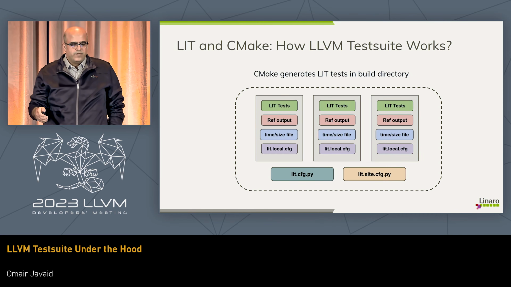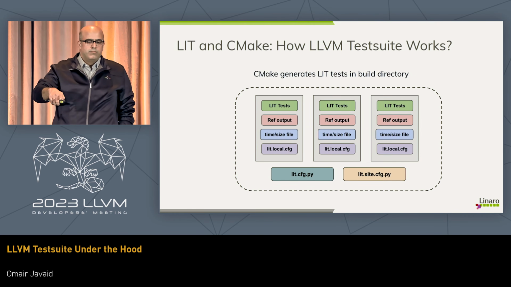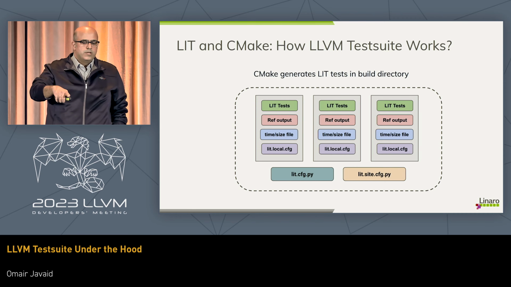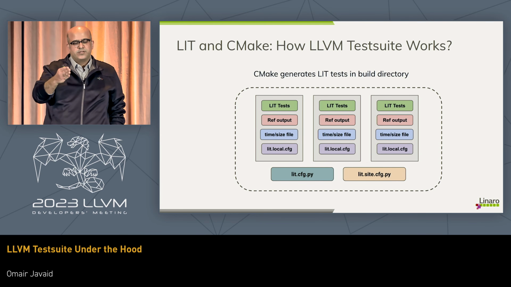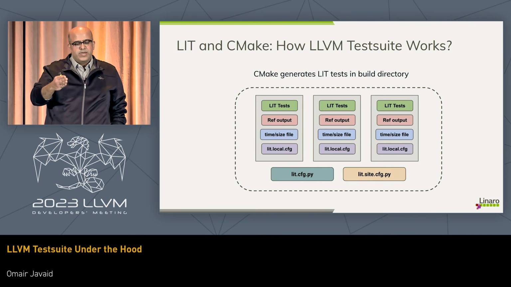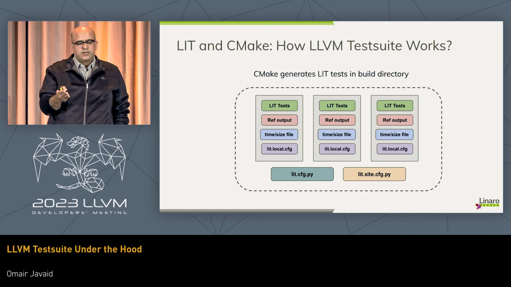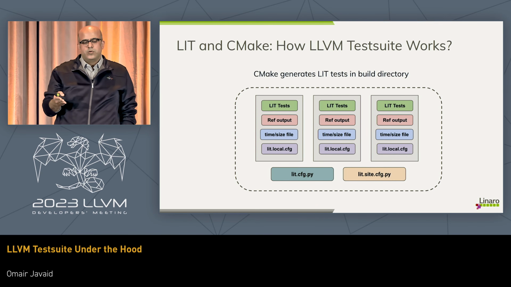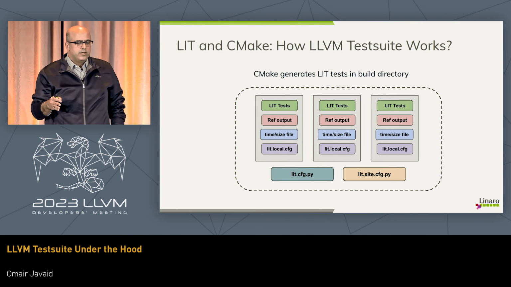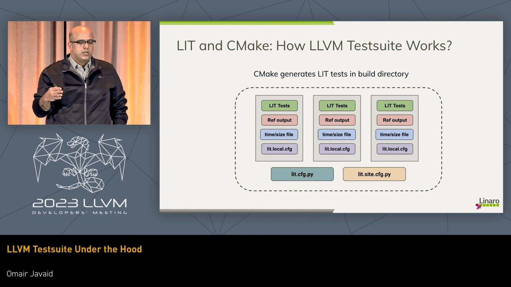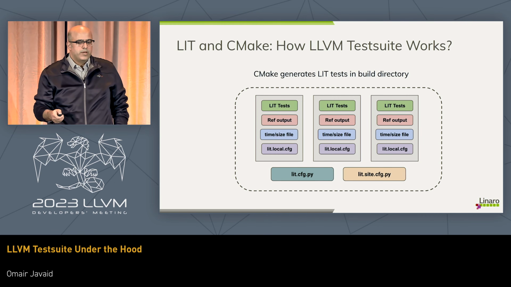So for example, after a build is run using CMake, we have the lit test, reference output, timing and size files, lit.local.cfg, and lit.cfg.py. So it's a complete test suite which was not there before running those CMake modules.